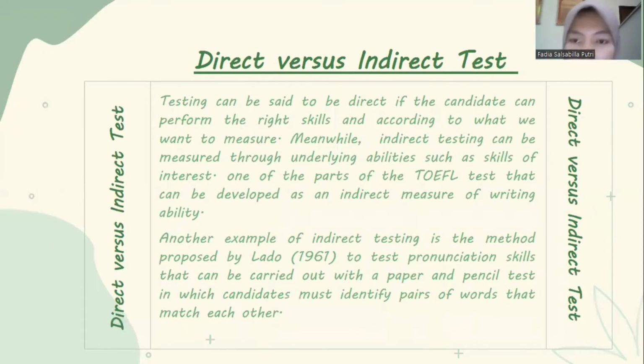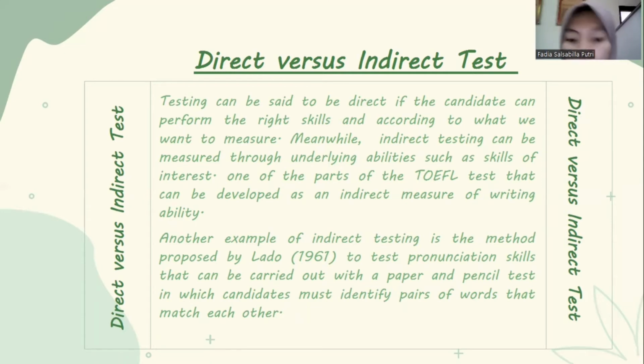Direct versus indirect test. Testing can be said to be direct if the candidate can perform the right skills according to what we want to measure. Meanwhile, indirect testing can be measured through underlying abilities such as skills of interest. One of the parts of the TOEFL tests can be developed as an indirect measure of writing ability.